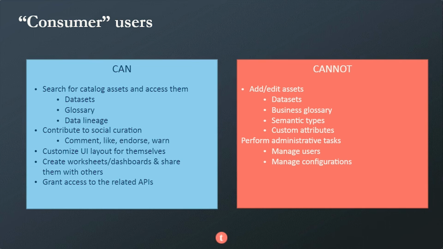So what they can't do is basically what we talked about for the administrative user. They're not going to be able to add or edit the assets, and they're not going to be performing an administrative task. So they're pretty much a read-only user, except for the social curation piece.